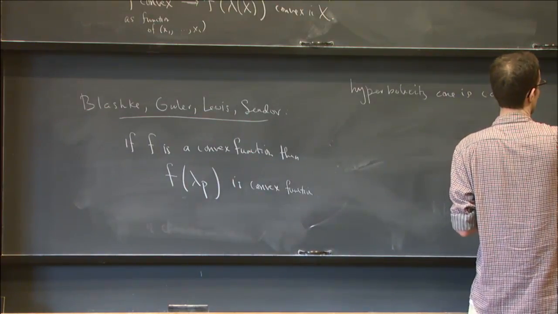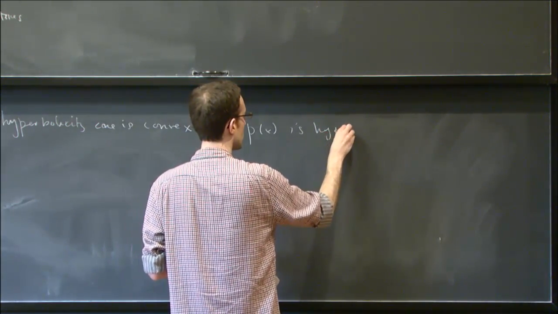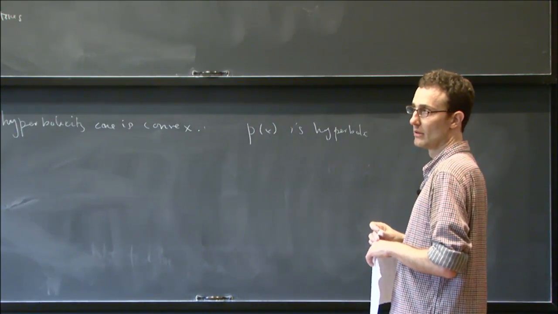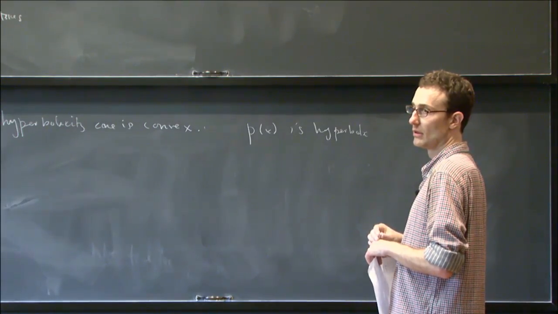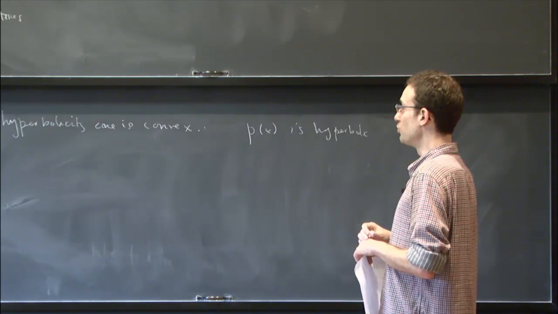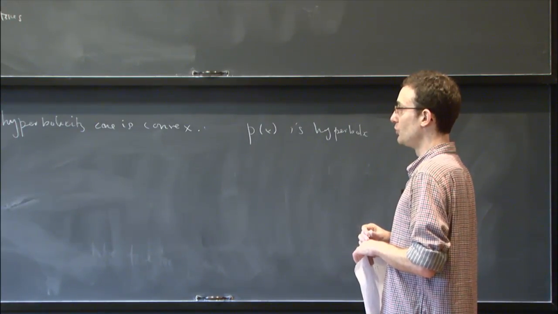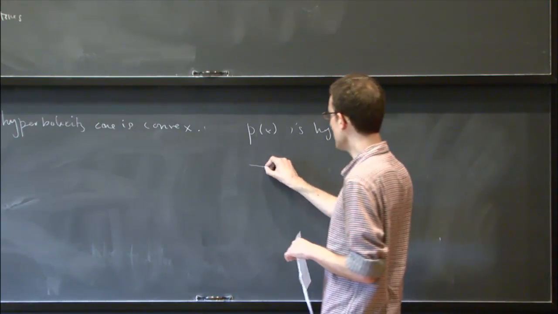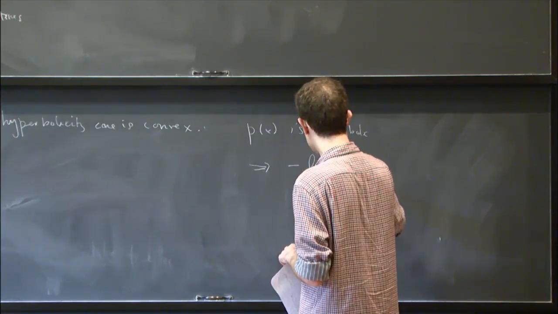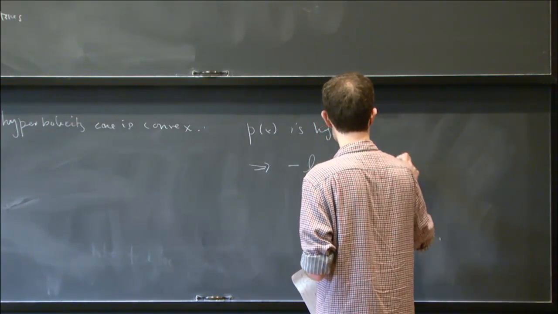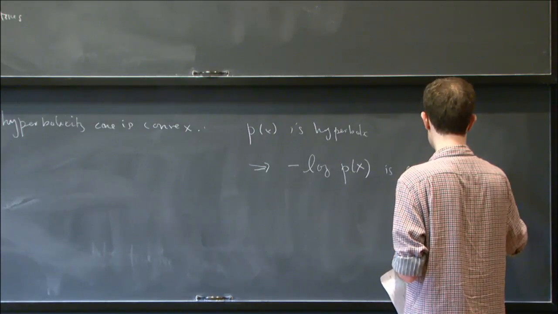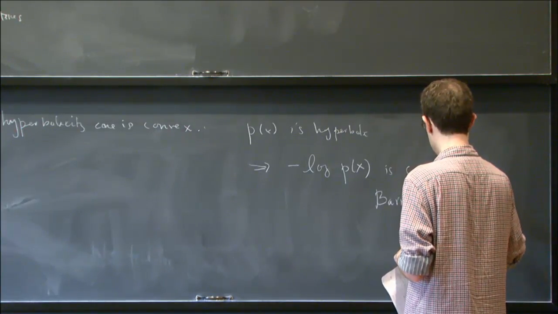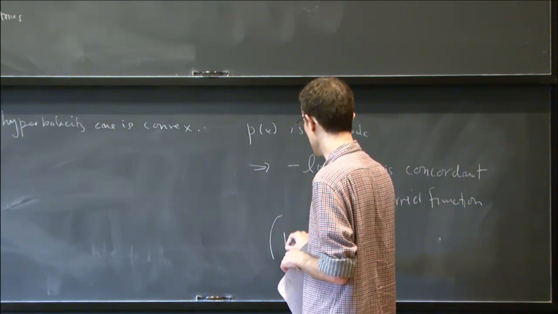This is not obvious in that one has to have a good representation of this, like a separation oracle for this convex body. Otherwise, you cannot optimize over it. Well, p of x is hyperbolic implies that minus log of p of x is a concordant barrier function, which means you can do interior point methods.